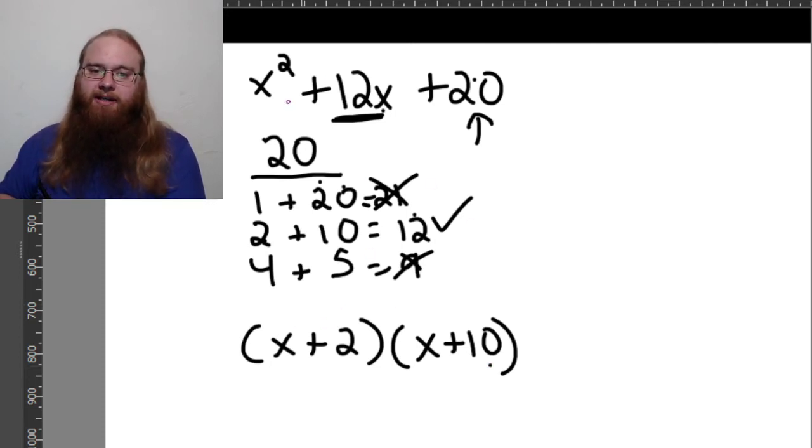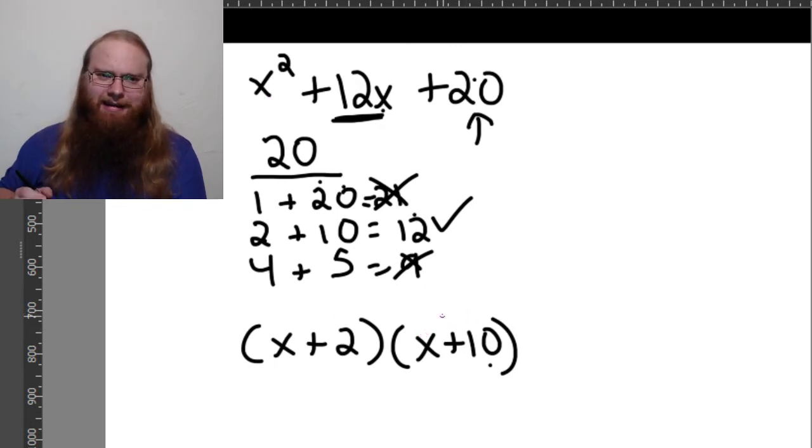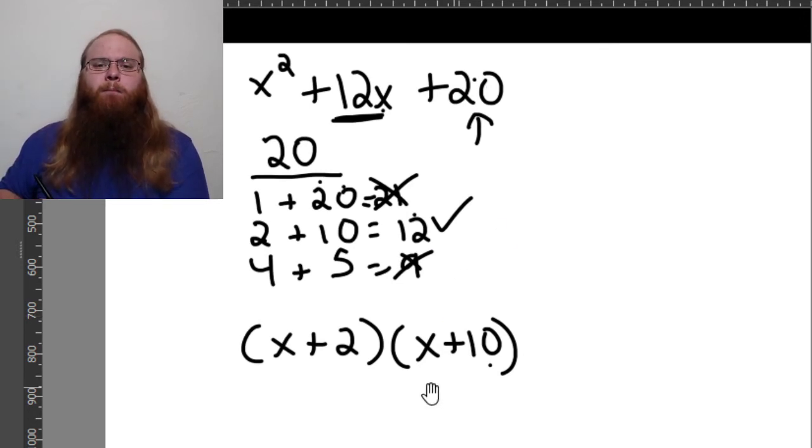Because you get x times x, which is x squared, 2 times x, which is 2x, x times 10, which is 10x. Add them together, you get 12x, and then 2 times 10 is 20. So the main gist of this is we need to see what two numbers multiply to get the last number, but add to get the middle number.